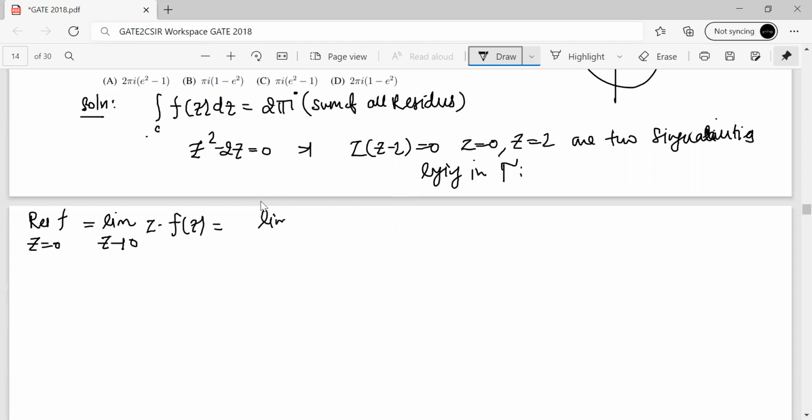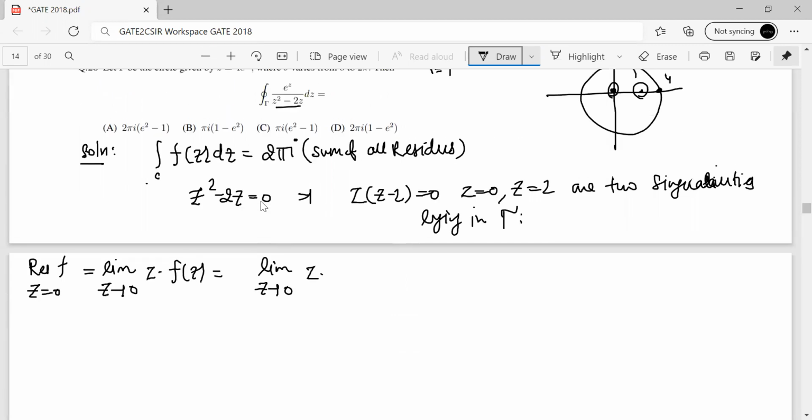So that will give me limit z tends to 0 of z times e power z upon z into z minus 2. So this gets cancelled, and at z tends to 0, e power 0 will be 1 and we get minus 2.